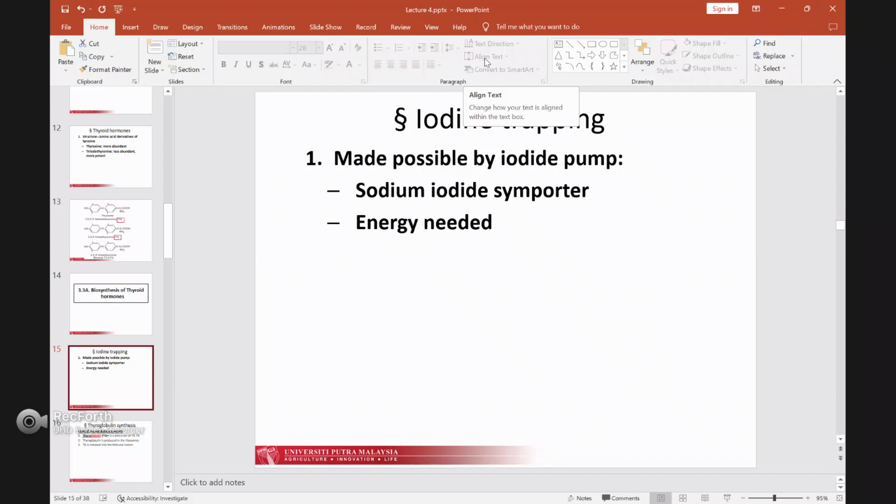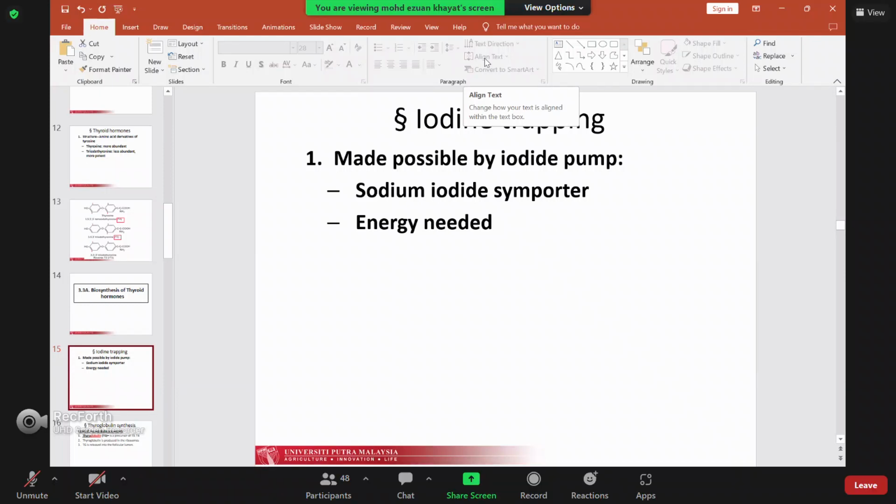The pump systems in our body can be divided into two: the first one can be used without any energy, whilst the second one requires energy in order to make the pump active. So we have active and passive transporters.